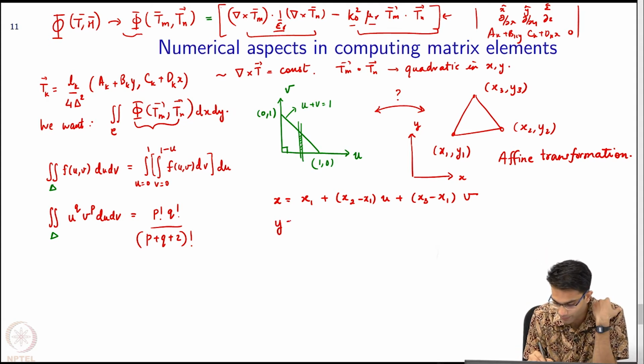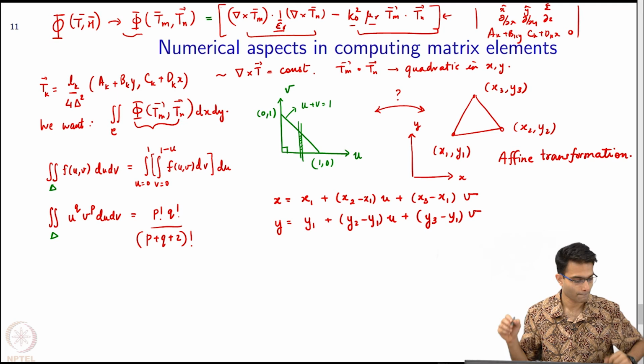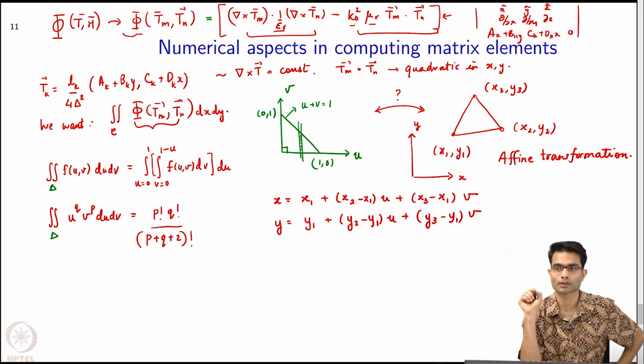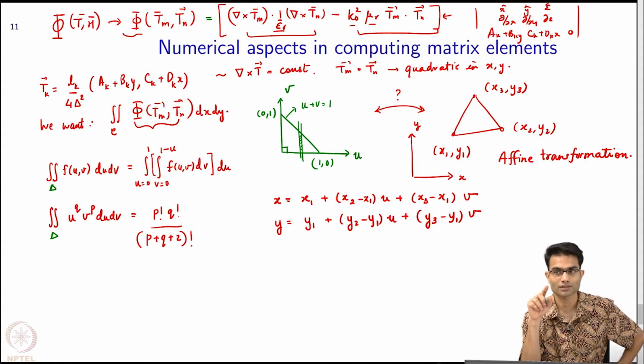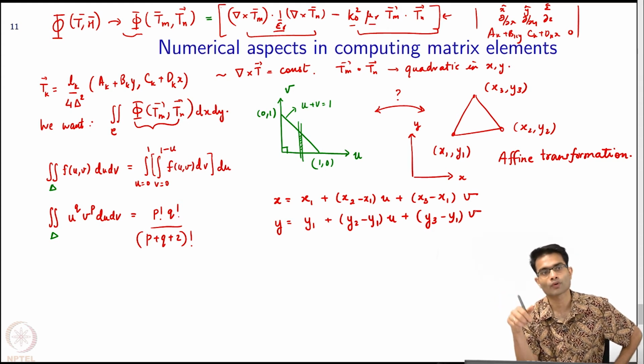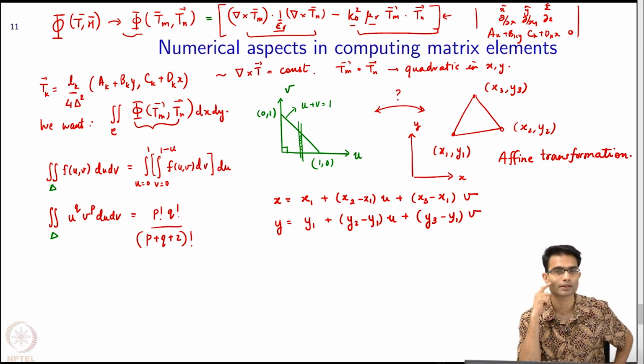Similarly, with the same logic, let me write y is equal to, now you can tell me what I should write here, y1 plus (y2 minus y1) times u plus (y3 minus y1) times v. Now let's see one to one. If I put u is equal to 0, v is equal to 0, which point? x1, y1. Put u is equal to 1, v is equal to 0, I will get x2, y2, and for the other point, 0, 1, I get x3, y3. So I have got a transformation that is very neatly mapping my red triangle to the green triangle, right?